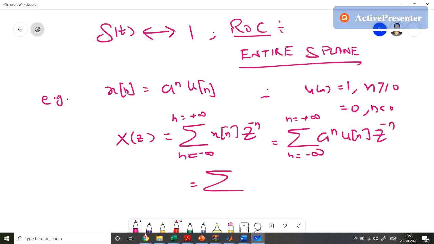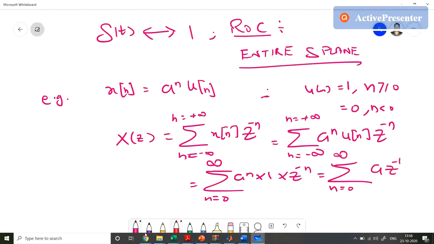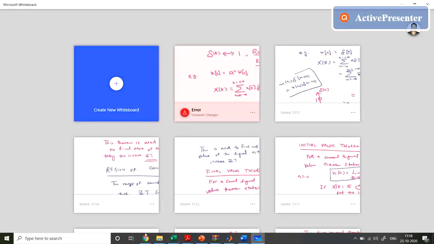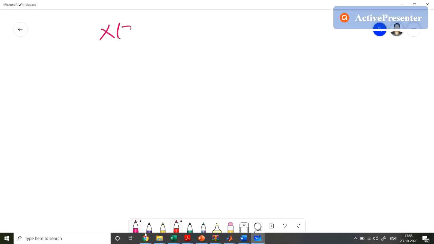It goes from n equals 0 to infinity of a raised to the power n into 1 into z raised to the power minus n, which equals the summation from n equals 0 to infinity of (a z inverse) raised to the power n. Now let us discuss this series expansion.